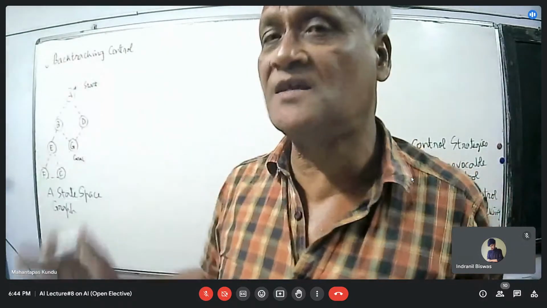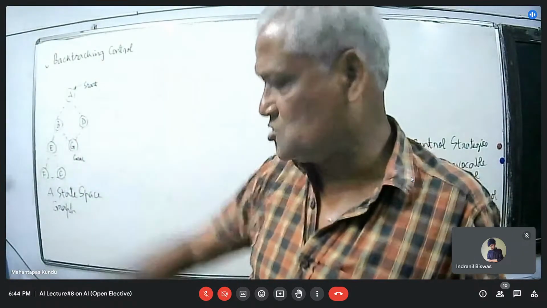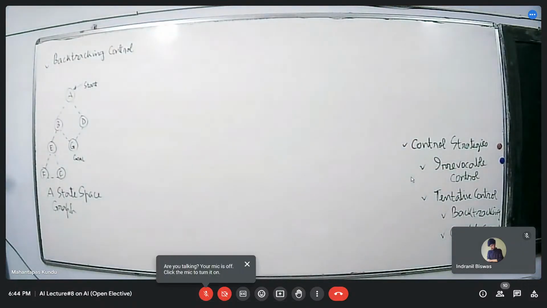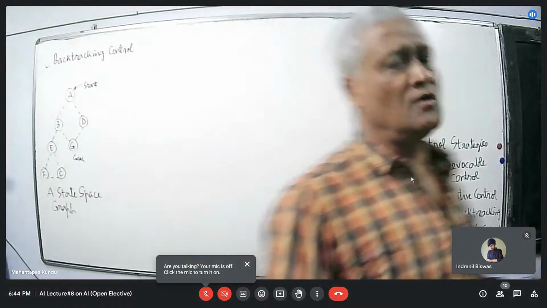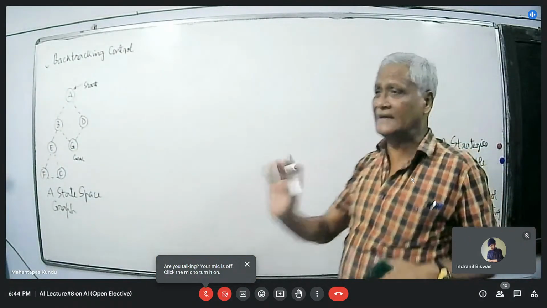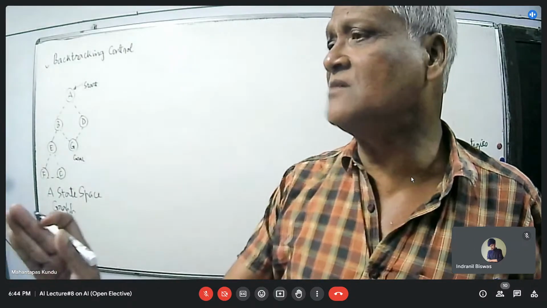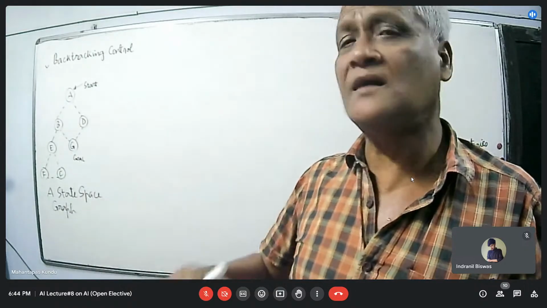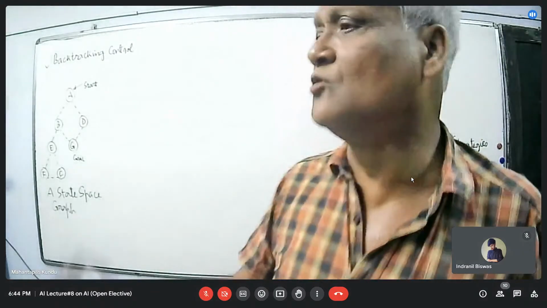the state space graph is not stored explicitly. It is not stored node by node, arc by arc. But the start node is stored, the goal node or the goal condition is stored, and how is the search conducted? By generating all other nodes with application of suitable rules.